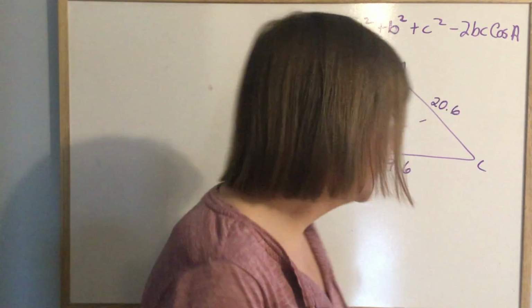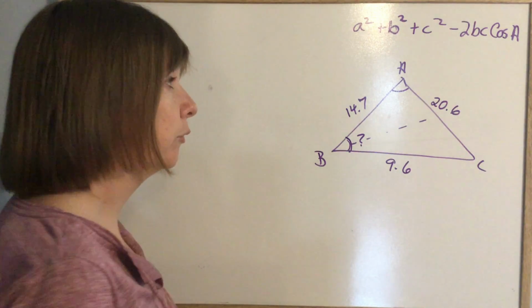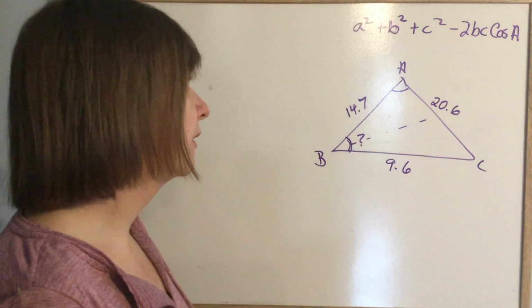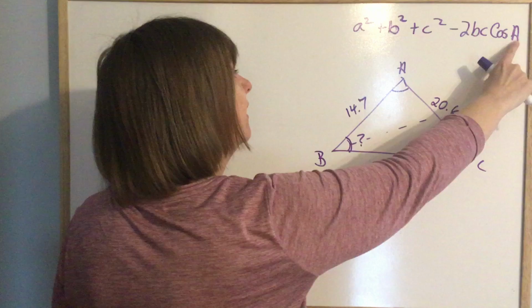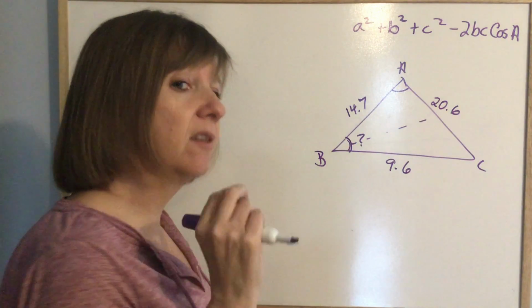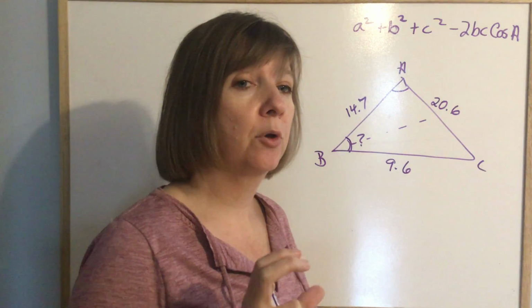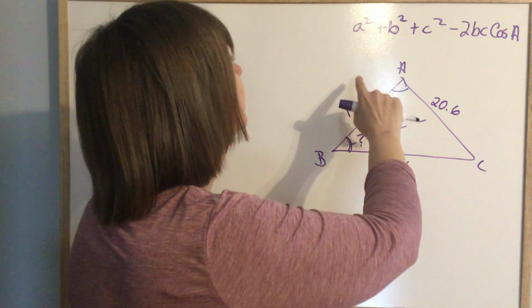Now they want us to find angle B. This is what I'm looking for. I have to use law of cosines here, but what I'm actually trying to find is an angle at the end of this. Now, what some people do is they actually memorize the law of cosines with a side isolated.